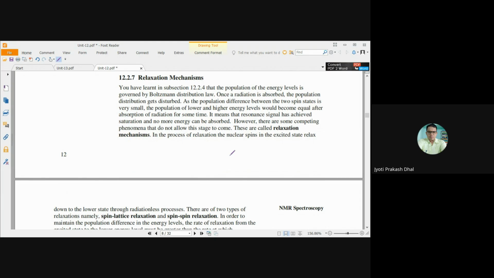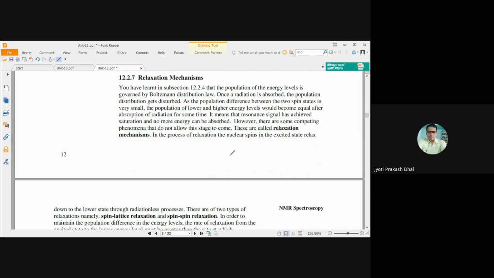Initially, the population of the lower energy level will be slightly greater than the population of the higher energy level. As we have already discussed, for a proton, if 10 to the power 5 is the population in the higher energy level, then for the lower energy level the population will be 10 to the power 5 plus 2.